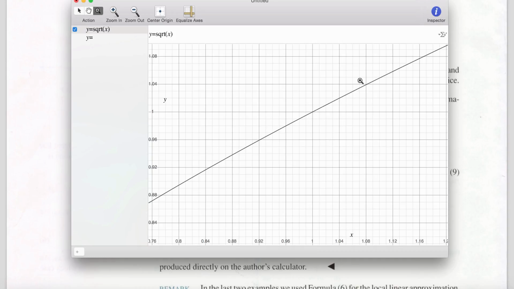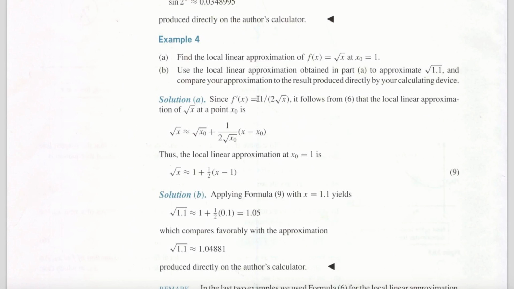So the tangent line would be a good approximation within this window of x values down here, which shouldn't be too bad. And then part B, use the local linear approximation obtained in that first part to approximate the square root of 1.1 and compare your approximation to the result produced directly by your calculating device.